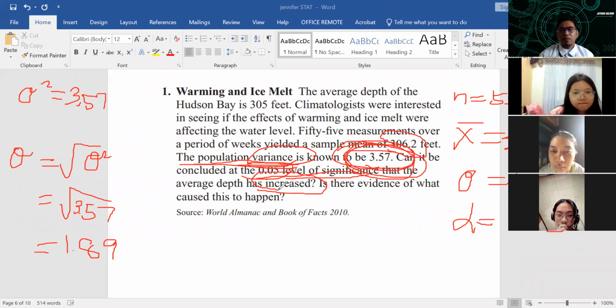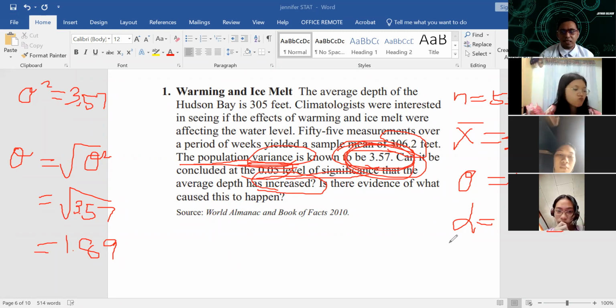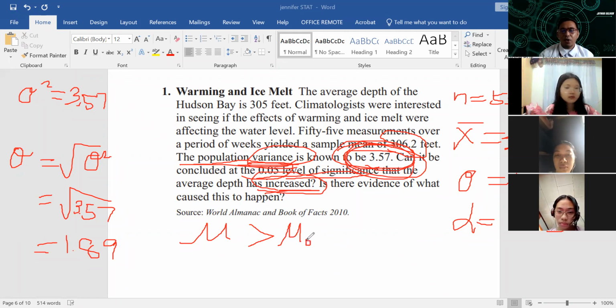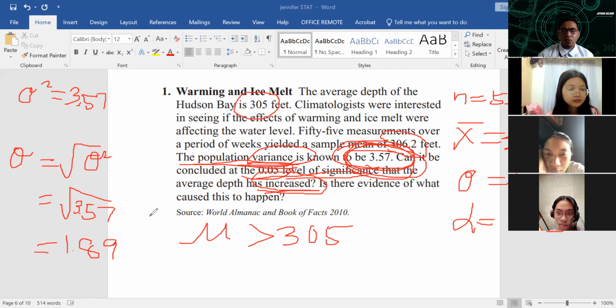It says increased, so what should your alternative hypothesis be? Since it is increased, the population mean should be greater than your mean sub 0, your claimed mean, which is already known. So your alternative hypothesis should be population mean is greater than 305.